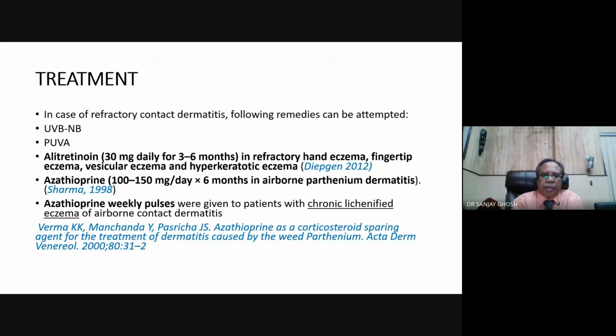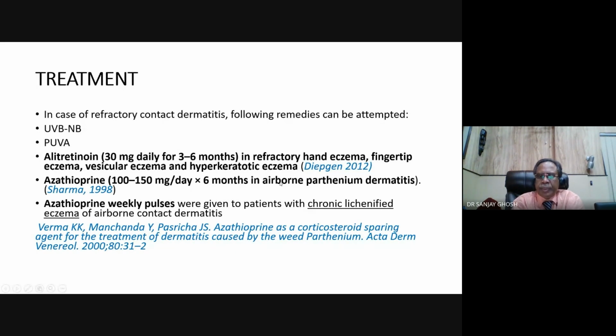In refractory contact dermatitis, you can use narrowband UVB. Acitretin is a very good drug for anti-eczema, fingertip eczema, vesicular eczema, or hyperkeratotic eczema, but unfortunately it is not yet available in our country. 30 milligram daily, but it is highly teratogenic all in all.